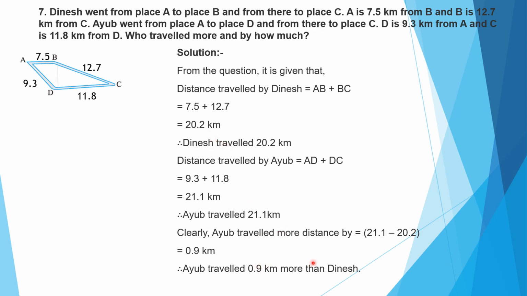Out of 20.2 and 21.1, of course, Ayub traveled more. By how much? To know that, we have to subtract these two answers. That is 21.1 minus 20.2. So the answer is 0.9 kilometer. Subtraction is also the same as whole numbers with the decimal point. Therefore, Ayub traveled 0.9 kilometer more than Dinesh. Is it clear, children?